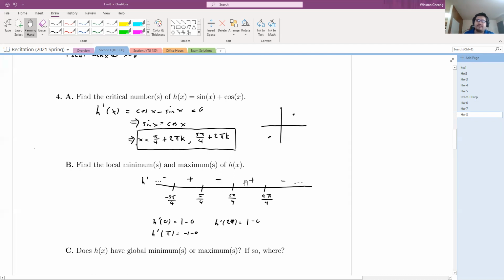So the whole infinite family is going to correspond to local mins. Okay, so we can just write that. Local maxes are x is equal to pi over 4 plus 2 pi k. And the local mins are going to be x is equal to 5 pi over 4 plus 2 pi k.